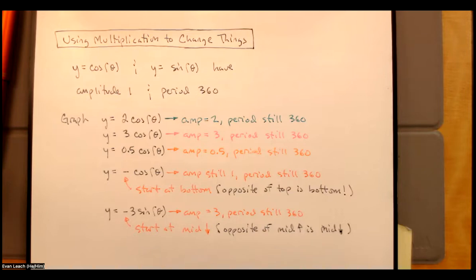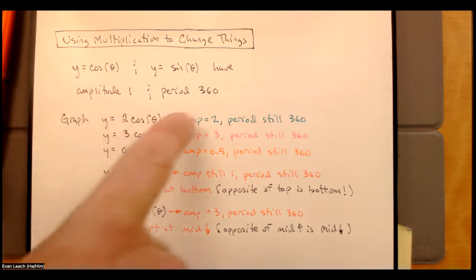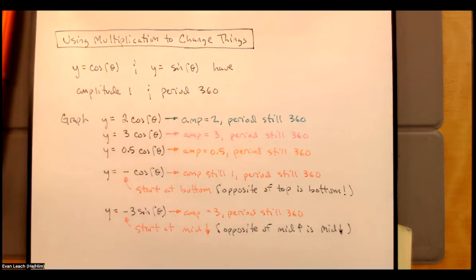Questions? Earlier, there was a question. Does the period ever change? And yes, it does. As I pointed out that the amplitude was 1 and the period was 360. I brought that up. That's like foreshadowing.